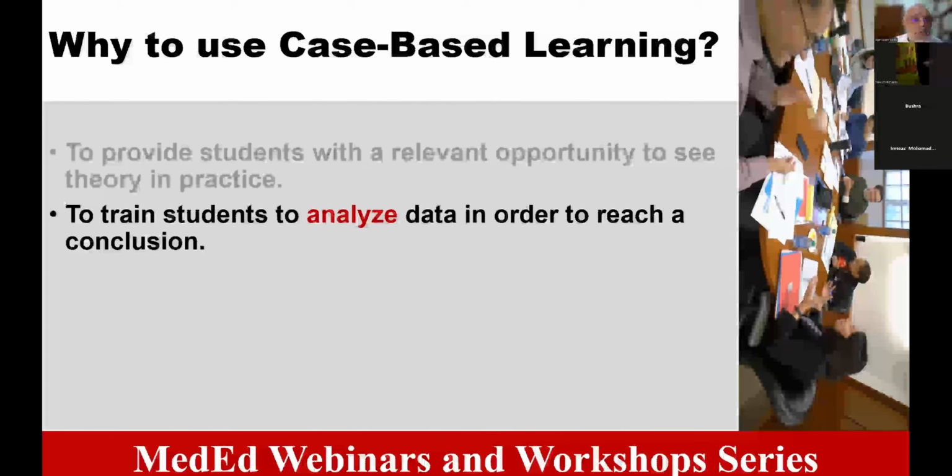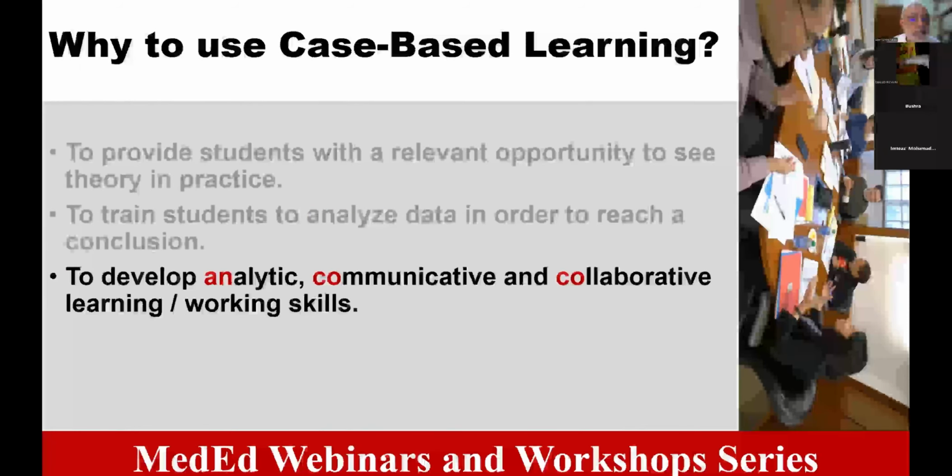Number two, CBL is to train students to analyze data in order to reach a conclusion. That is an integral part of case-based learning, where some information would be given to the students, maybe clinical data, laboratory data, or radiological information, and students have to analyze that information to develop analytic, communicative, and collaborative learning.